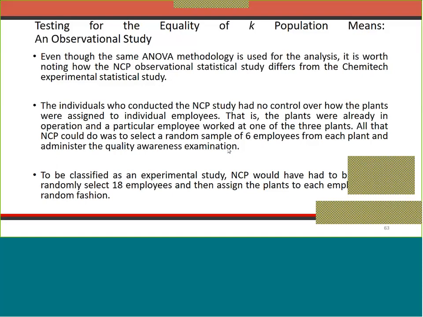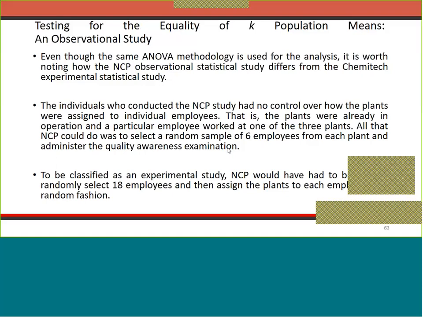In both cases, the null and alternative hypotheses are defined the same way, and you can apply the same analysis of variance technique for both problems. But the principle involved in experimental statistical design and observational statistical design are different. In the experimental design, we applied a concept called completely randomized design.